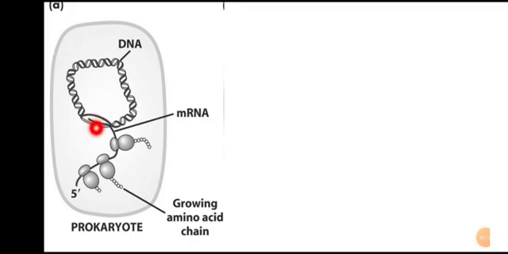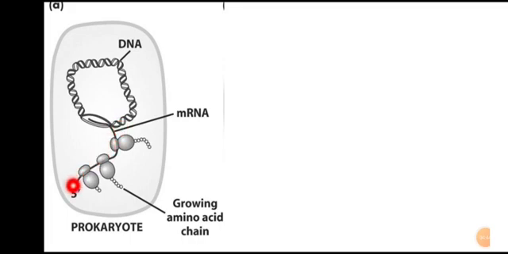This RNA polymerase enzyme catalyzes the formation of mRNA. So mRNA is formed because of RNA polymerase. This mRNA is formed from one of the strands of double stranded DNA by RNA polymerase. So the product of the RNA polymerase reaction is mRNA.